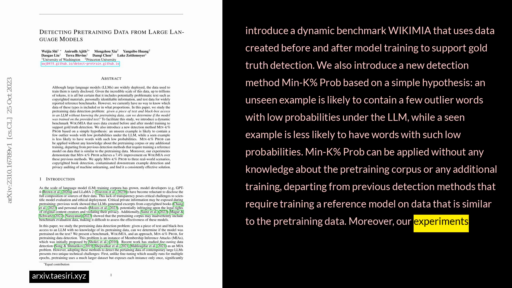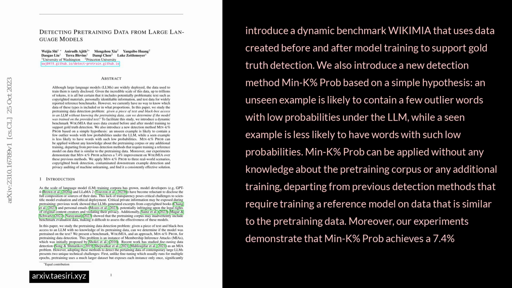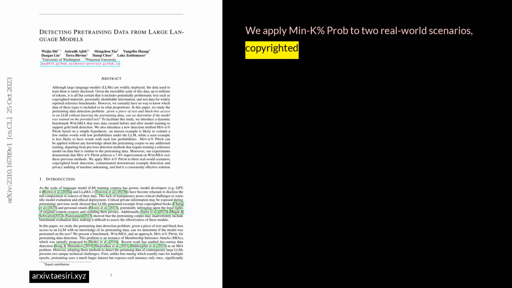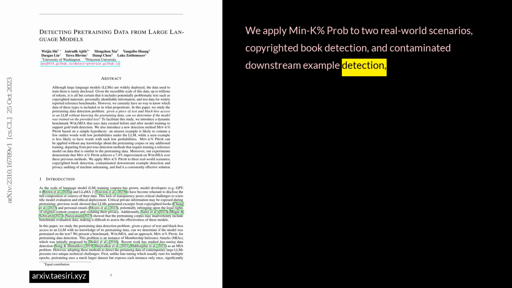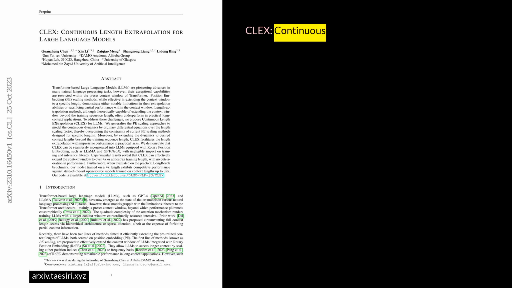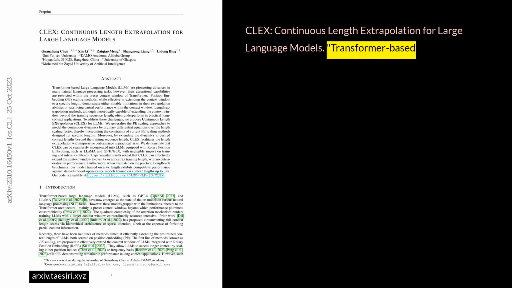Moreover, our experiments demonstrate that Min-K% Prob achieves a 7.4% improvement on WikiMIA over these previous methods. We apply Min-K% Prob to two real-world scenarios: copyrighted book detection and contaminated downstream example detection, and find it a consistently effective solution.